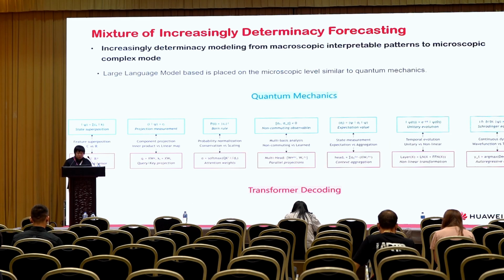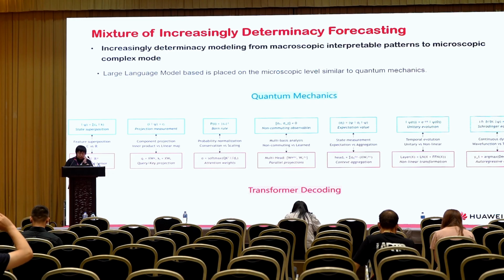For both transformer-based large language models and their application to time series forecasting, although powerful in handling micro-level big time series data, the reason why I prefer to place them on the microscopic level is that their mechanics are similar to quantum mechanics. From a quantitative, physics-inspired perspective, we can draw these loose analogies between transformer mechanics and quantum mechanics.